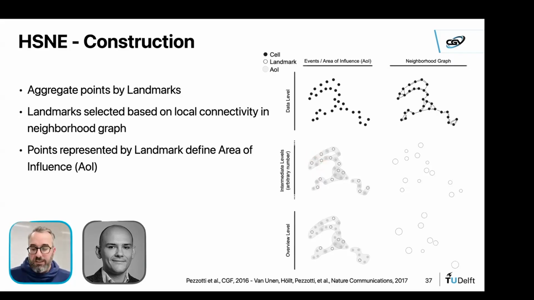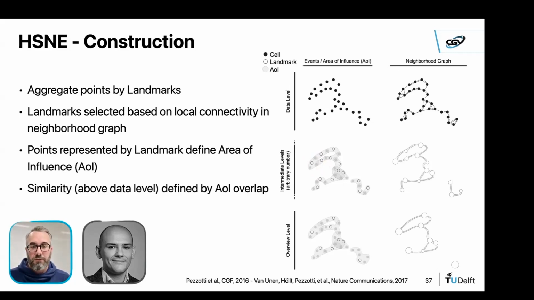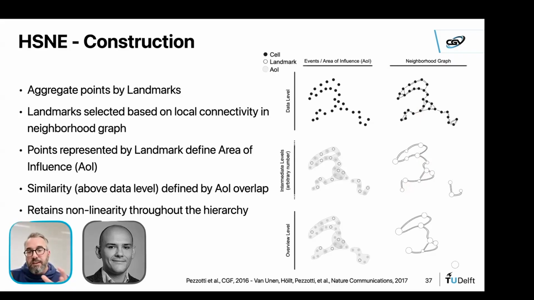The similarity between two landmarks can be represented by the overlap of these. When we have overlap in these areas of influence, we connect the points in the graph, and we get something like this. Now we get a graph structure that is much more similar to the original graph structure, but with many, many fewer data points. This retains the nonlinear structure in the data, which is what we were looking for.